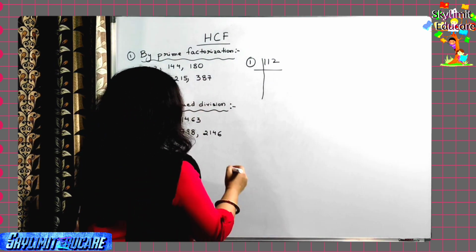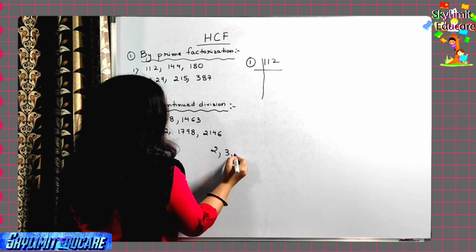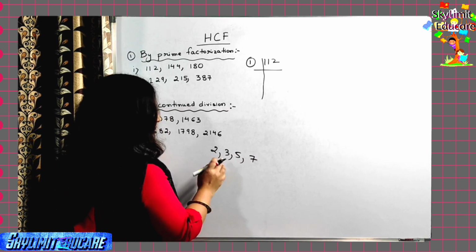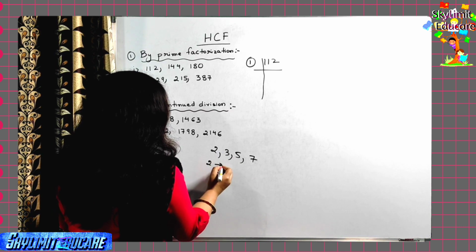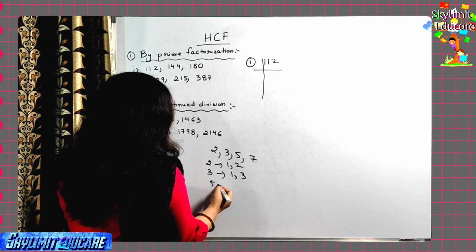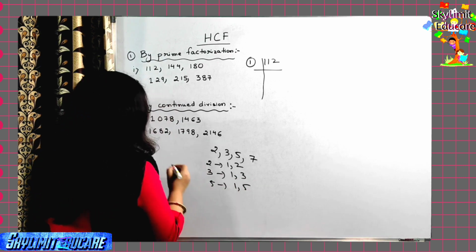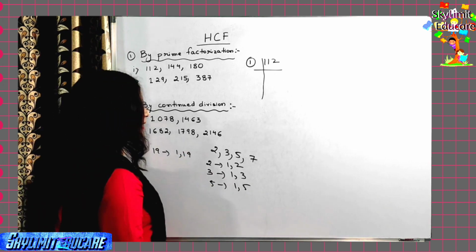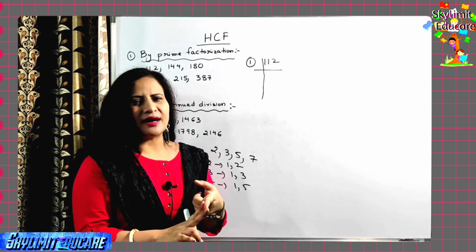Like you have the numbers 2, 3, 5, 7. They are called prime numbers because if you find the factors, 2 has only 2 factors, 1 and 2. 3 has only 2 factors, 1 and 3. 5 has only 2 factors, 1 and 5. 19 has only 2 factors, 1 and 19. So these types of numbers are called prime numbers. That means they have only 2 factors.